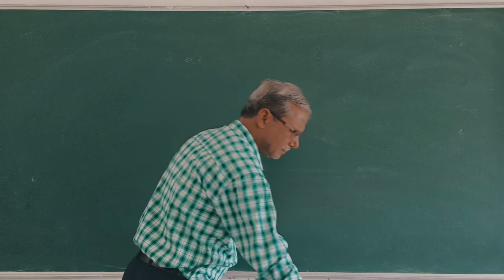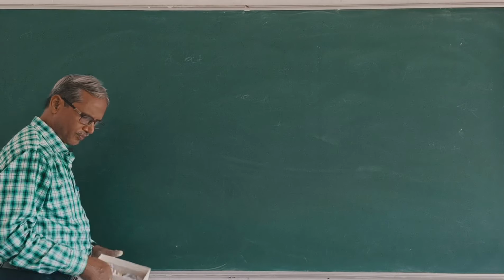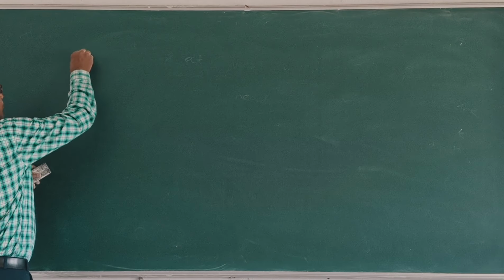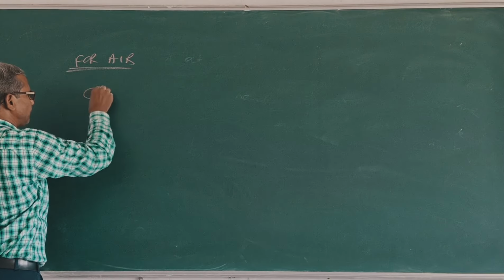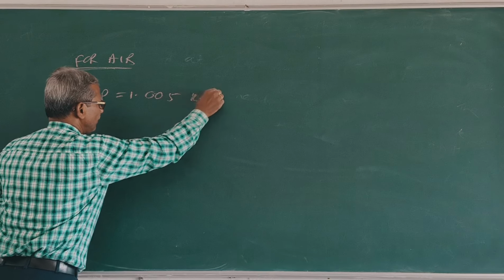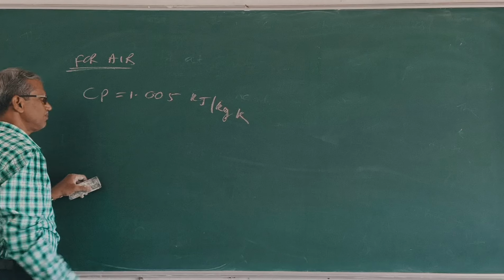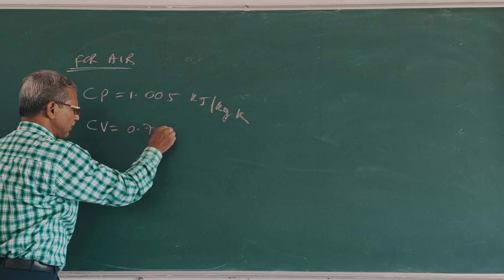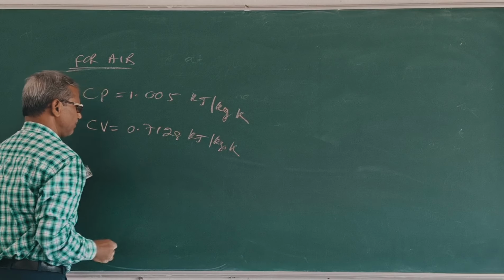For air, Cp is equal to 1.005 kilojoule per kg Kelvin, and Cv is equal to 0.7128 kilojoule per kg Kelvin.